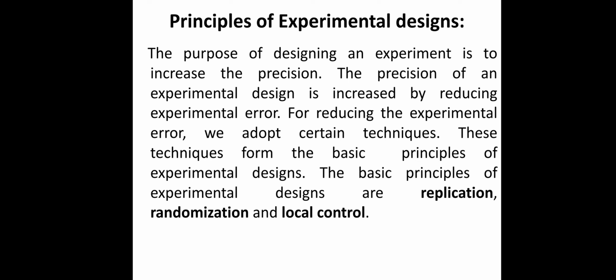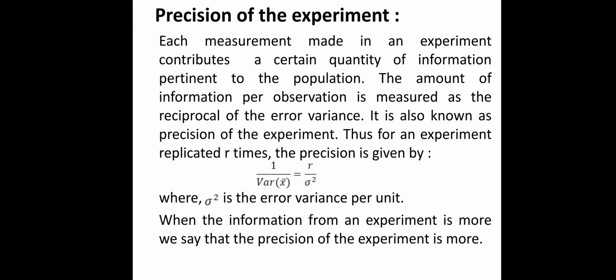The purpose of designing an experiment is to increase the precision. The precision of an experimental design is increased by reducing experimental error. For reducing the experimental error, we adopt certain techniques. These techniques form the basic principles of experimental design. The basic principles of experimental designs are replication, randomization, and local control. So these are the three basic principles of experimental designs.